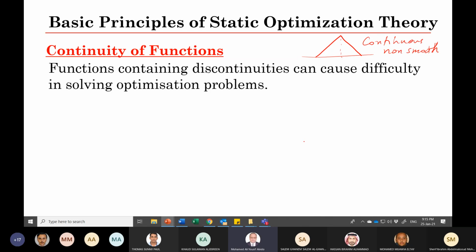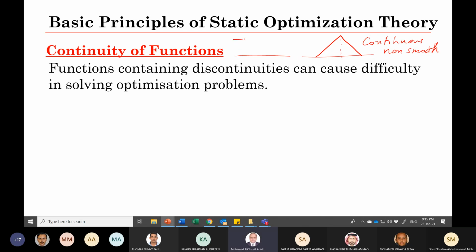So functions containing discontinuities can cause difficulties in solving optimization problems with classical techniques. It is non-smooth here for this one. If the system is discontinuous, what does it mean? This is a discontinuous function here.